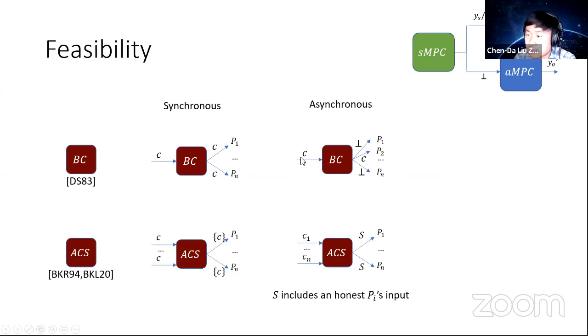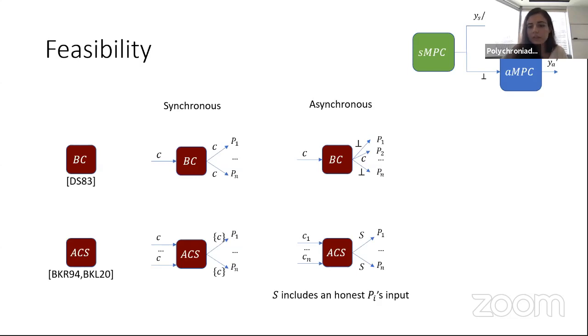Basically, instead of broadcasting, we run an extra ACS protocol, and this will incur some communication complexity because this is N broadcasts and N BA protocols also. But apart from that, no.